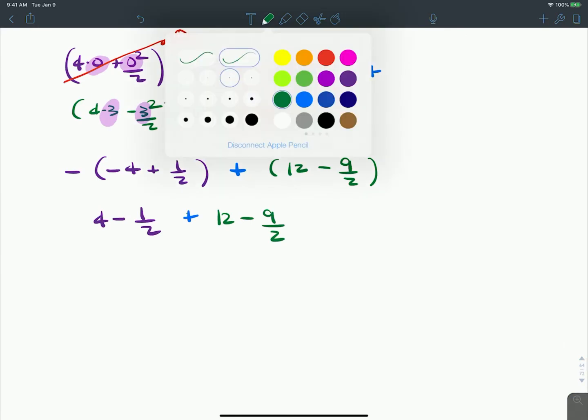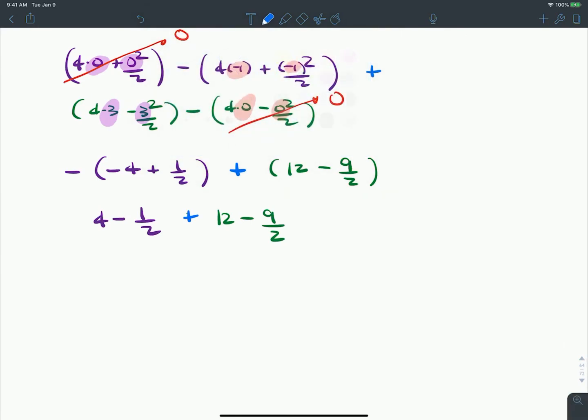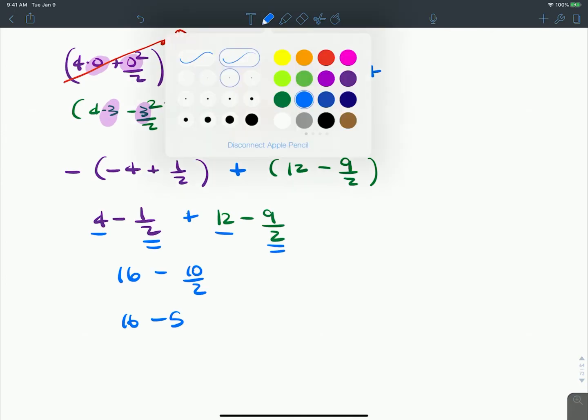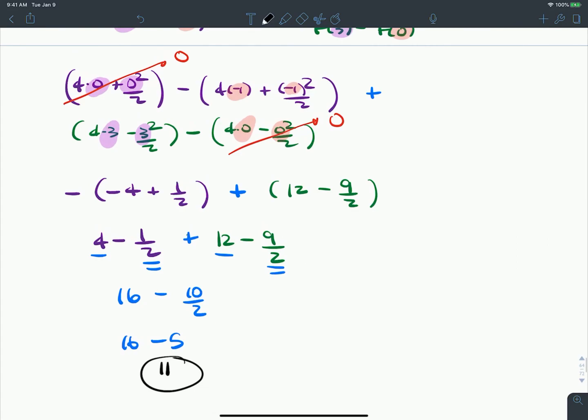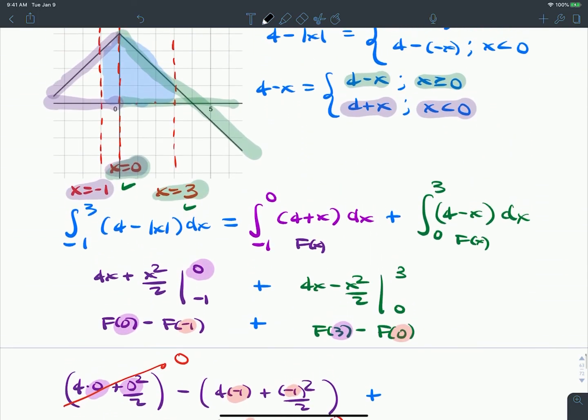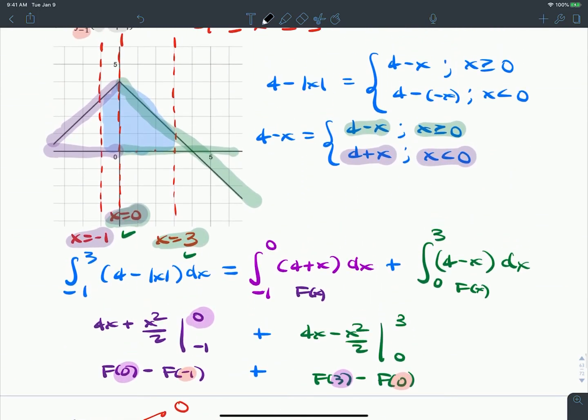It looks like we have 4 and 12 gives us 16. And then we have minus 1/2 minus 9/2. Well, that's minus 10/2, or simply 16 minus 5, which is actually going to be now 11. So the total area under the curve here is the value 11. So I can say this whole thing is 11.